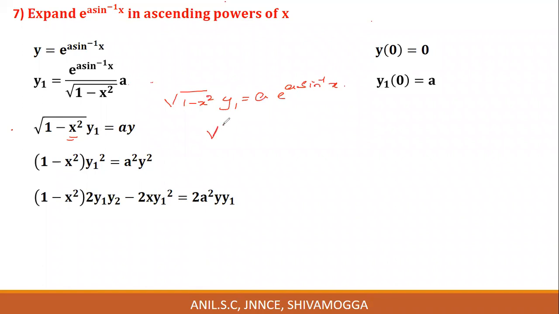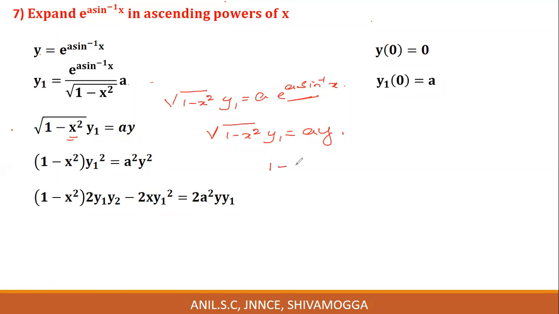Therefore, square root of 1 minus x square into y1 is equal to a into e power a sin inverse x, which is denoted by y. To eliminate this square root, square on both sides.